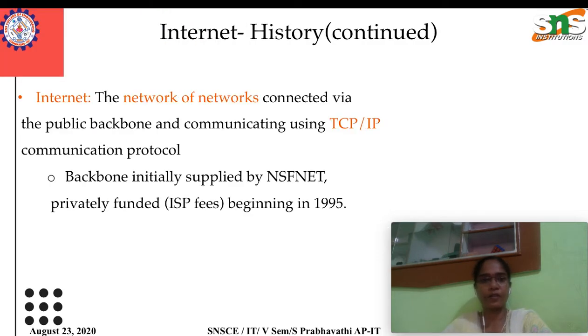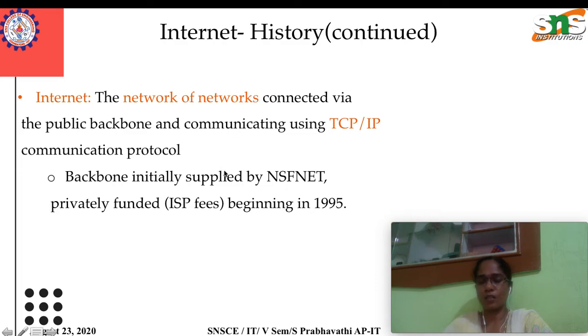Okay, as I said earlier, the backbone of the internet was initially supplied by the NSF network, and later it was privatized. Today it is a private organization, ISPs. Those organizations provide a separate public IP address for our gadgets to have permanent internet connectivity.